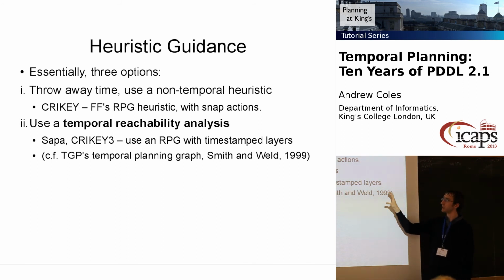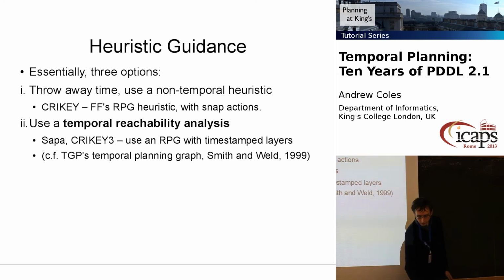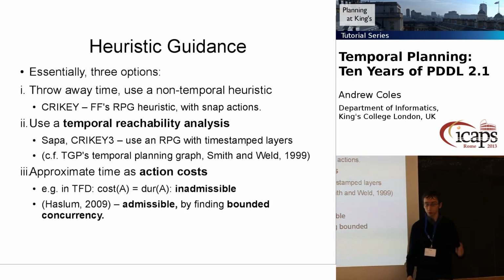And the general idea comes back to temporal planning graph from 1999. SAPA builds directly on that, and Crikey 3 builds on that to include the start and end actions, so you preserve completeness there. Option 3 is to approximate time as action costs and then use a non-temporal heuristic.